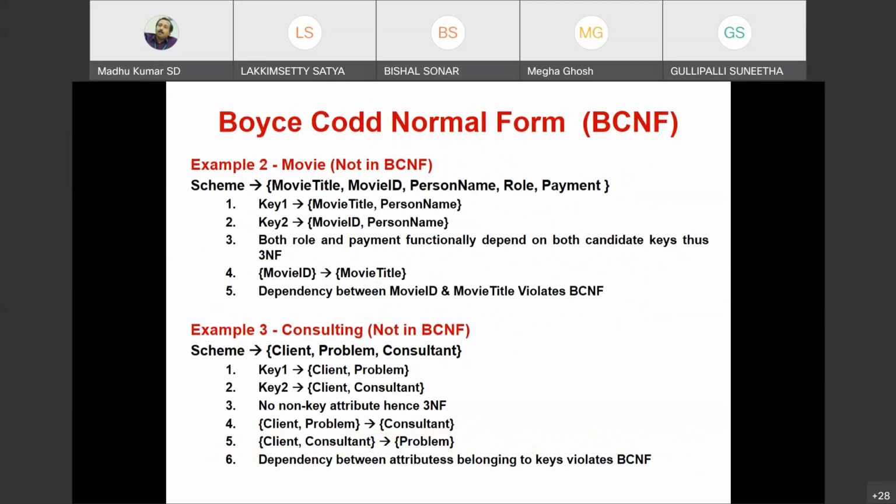So let us see some examples for BCNF. Please go through these examples. There are two candidate keys in the first example. Example 2: movie title, person name, movie ID, person name.